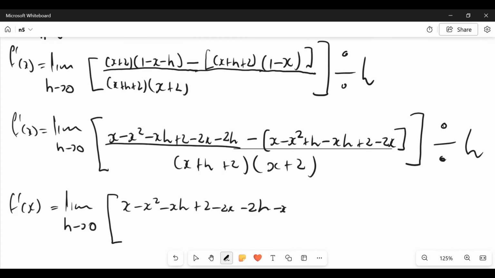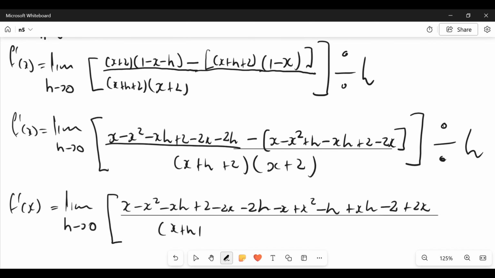We'll have negative x plus x squared minus h plus xh minus 2 plus 2x. All of this is going to be divided by x plus h plus 2 multiplied by x plus 2. Let us not forget all of this is also divided by h. There we go. Guys, I hope you can see what's happening here. Let me create space so that we can continue with this question.